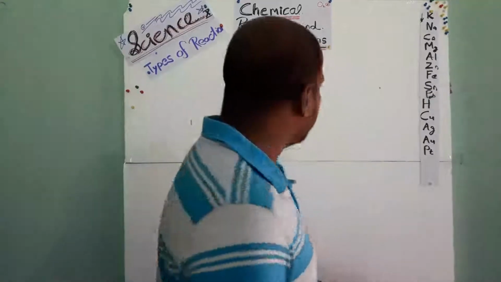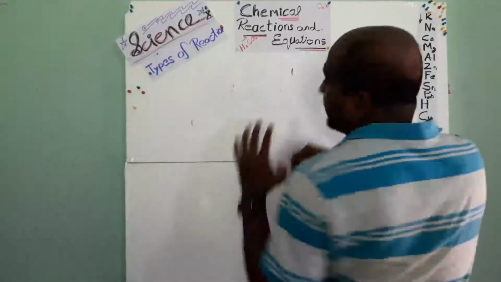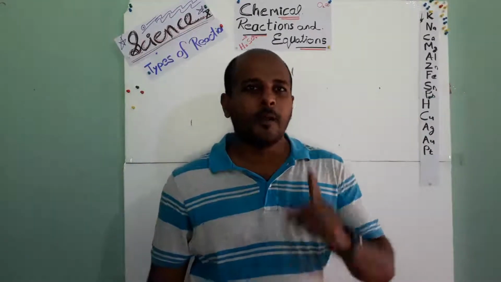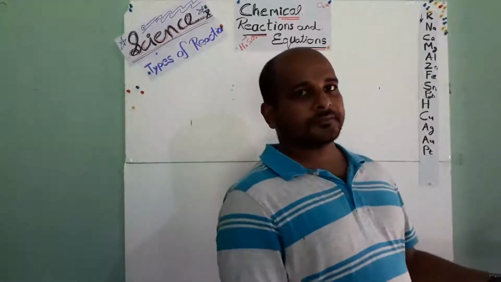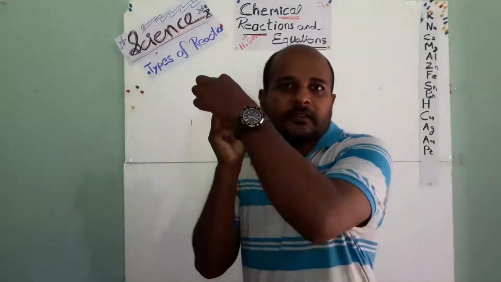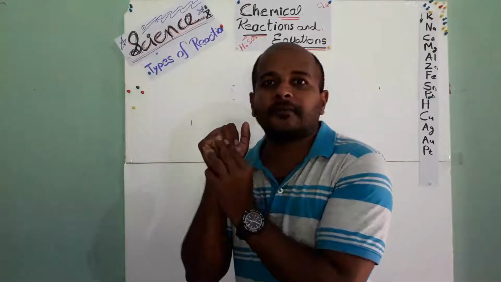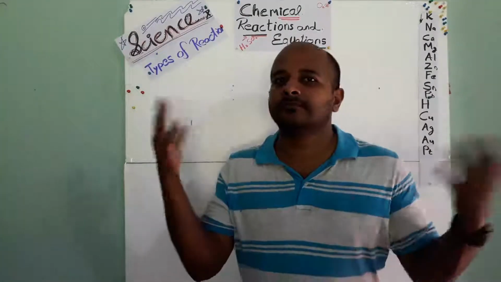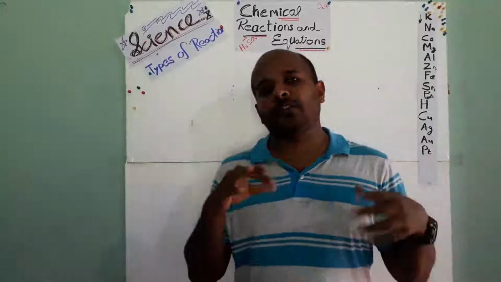Okay, the last part. We didn't discuss oxidation, reduction, and redox reaction, isn't it? Oxidation: gaining oxygen, giving out hydrogen. Reduction: gaining hydrogen, giving out oxygen. Just opposite to each other.